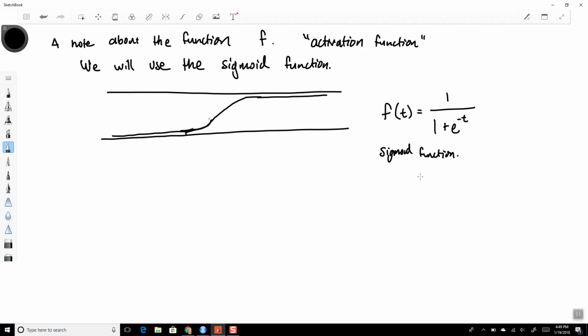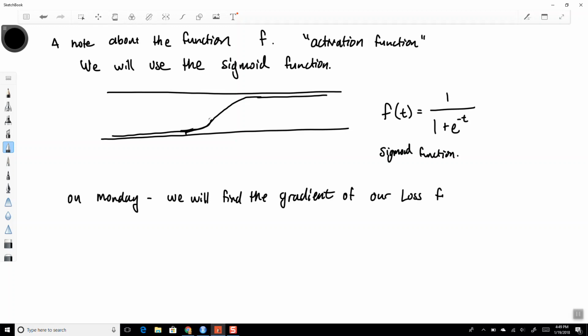We're going to run out of time here, but on Monday we will find the gradients of our loss function with respect to the two weight matrices.